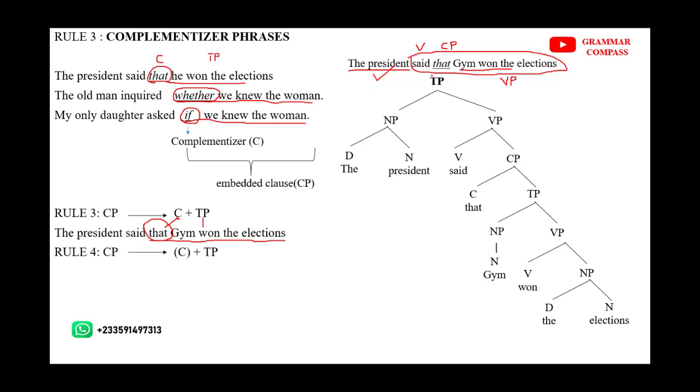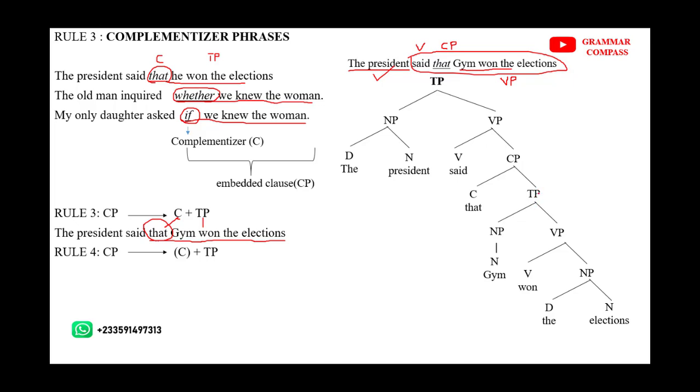So remember, the sentence is always going to give you a noun phrase and then a verb phrase. In our case, the noun phrase part was "the president", and the verb phrase was "said that Jim won the elections". This verb phrase consisted of a verb, that is "said", and then a complementizer phrase, and we were able to expand the complementizer phrase. This complementizer phrase, "that Jim won the elections", consists of the complementizer "that" and then another sentence, that is a TP.